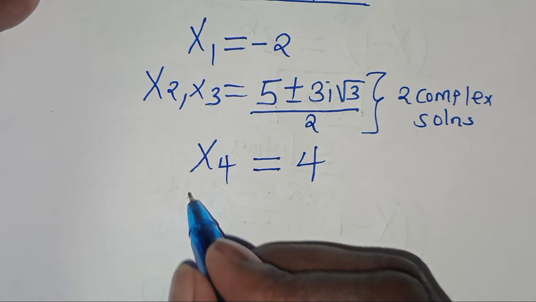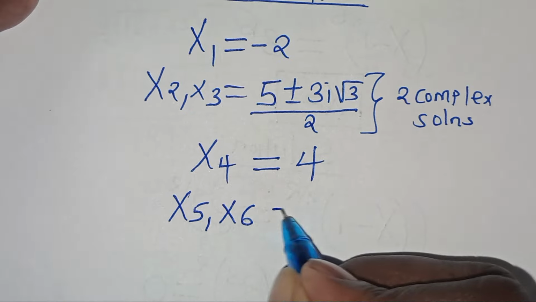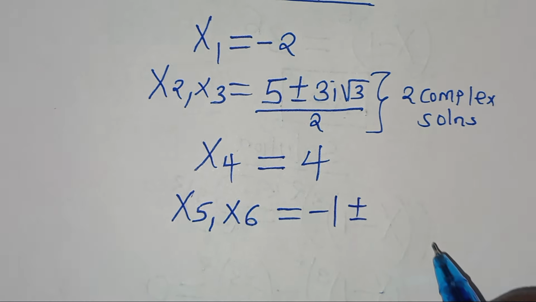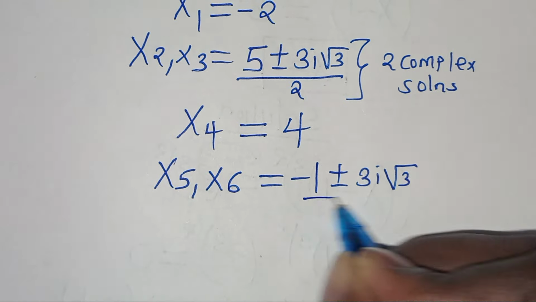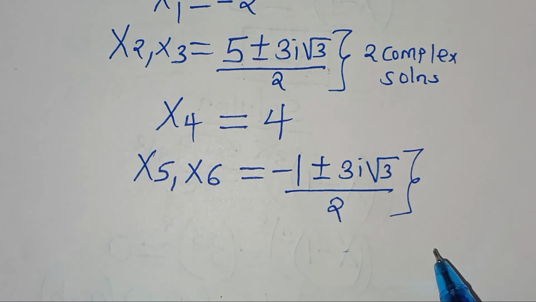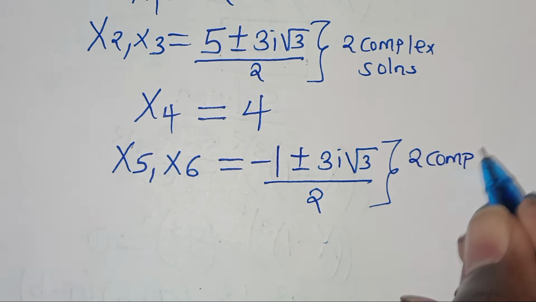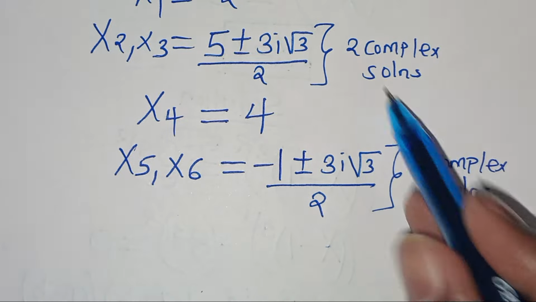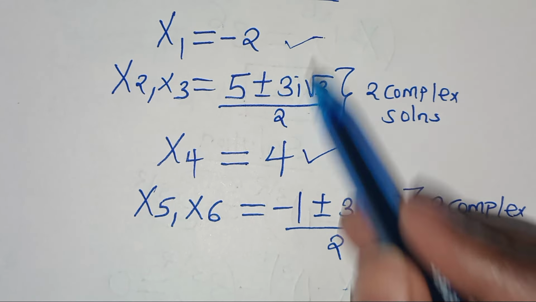And lastly, we have x5, x6, equal to minus 1 plus or minus 3i square root of 3, divided by 2. Again, these are two complex solutions, which totals to 4 complex solutions and only 2 real solutions here.